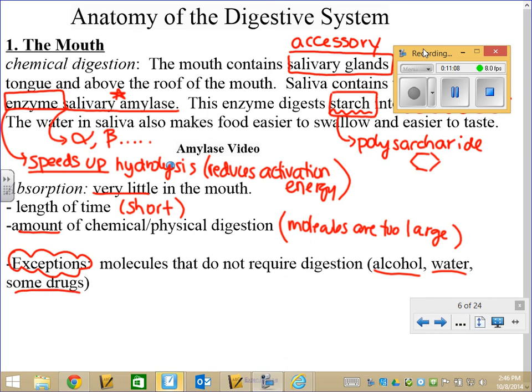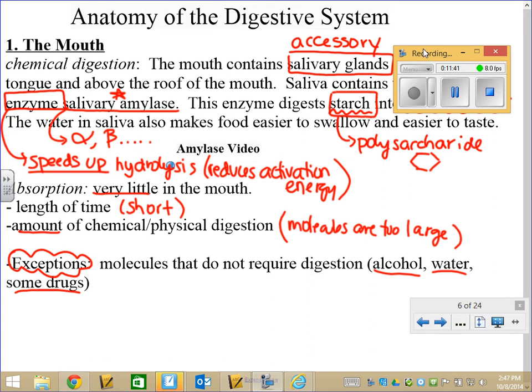There's too many for us to really name all of them, but there are some types of both prescription and non-prescription, i.e. recreational drugs, that could fall into that category. I don't want to talk about recreational ones too much and give you any sort of instructions on how to use them, but if we're talking alcohol or water, think about both of them. They're both liquids. Things that are in liquid format usually have an easier time moving about.